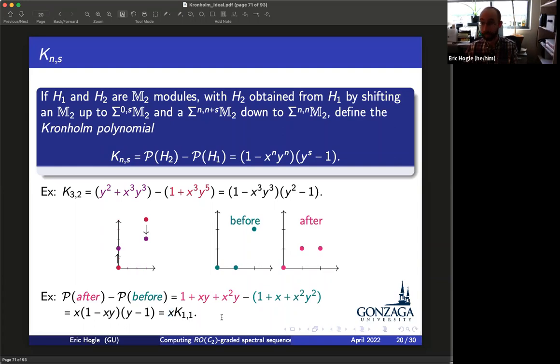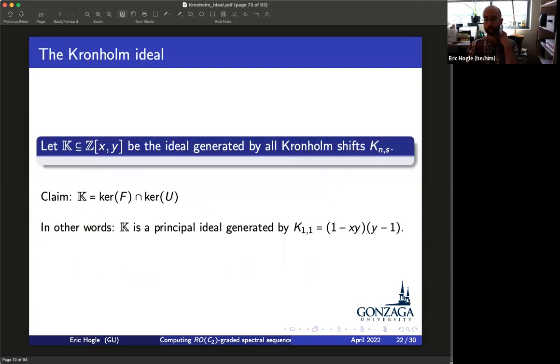Well, this is an ideal of the ring. So I'm going to call the Cronholm ideal the ideal generated by all of these K_{N,S} shifts. I claim that this is going to actually be the kernel of the two functors I described before, the fixed set kernel and the kernel of the forgetful map. And another way to say that is that K is going to be principally generated by the simplest Cronholm shift, the K_{1,1}.